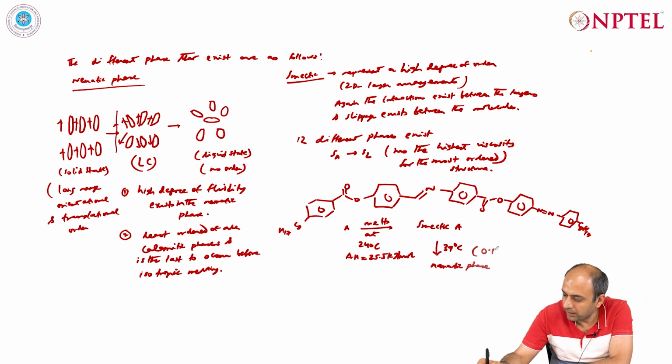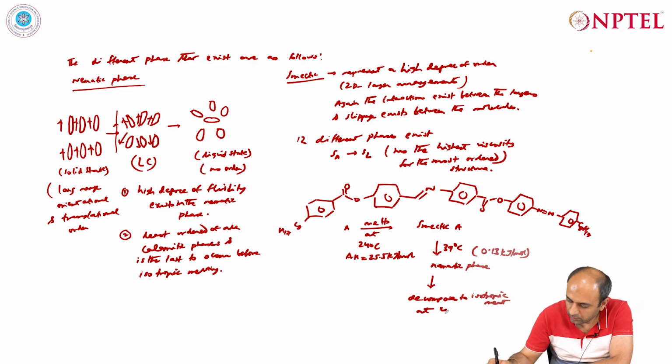The enthalpy change is extremely small, 0.13 kilojoule per mole, and then finally it converts to the liquid state. It transforms to isotropic melt at 42.6 degree centigrade.